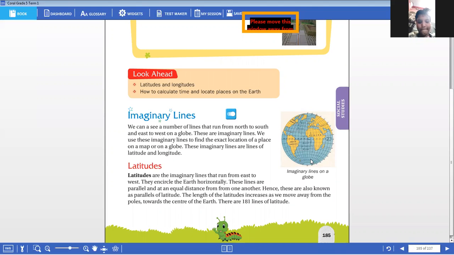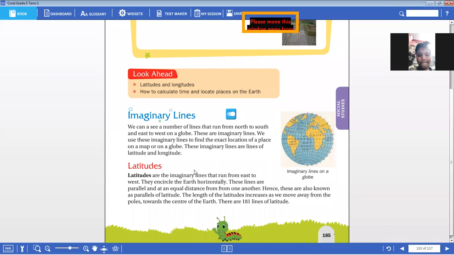Not only between these two lines, children, between any two latitudes, the distance at any point is equal. That's why we say that latitudes are parallel and at an equal distance from one another. Hence, these are also known as parallels of latitude. The other name of latitudes is parallels of latitude.